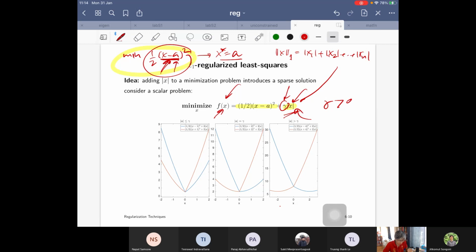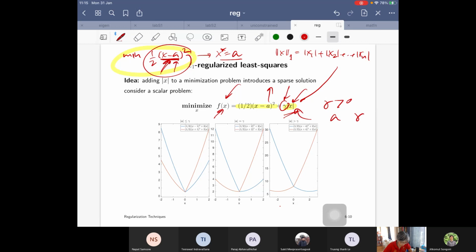I use this plot for you to inspect the solution. We can differentiate three cases depending on the relation between A and gamma. A is part of the problem parameters.